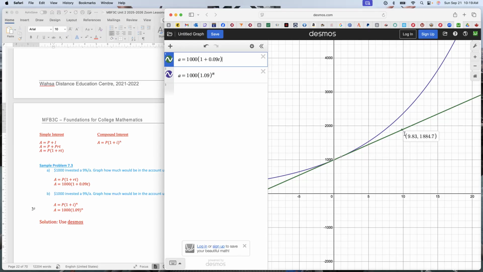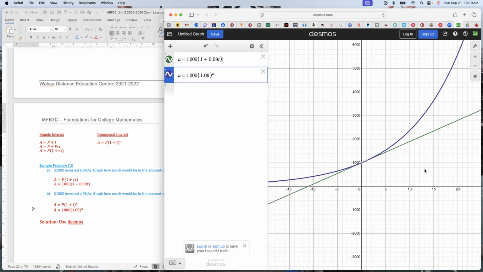Now, if I come up here after 10 years, simple interest is going to be about 1896, somewhere around there. But look up here, compound interest is going to be over about 2373. So quite a bit of interest.